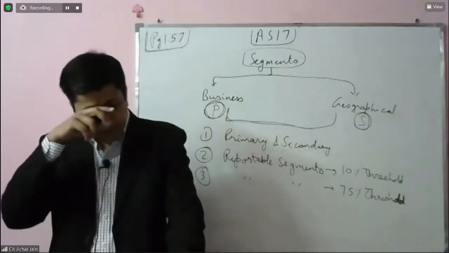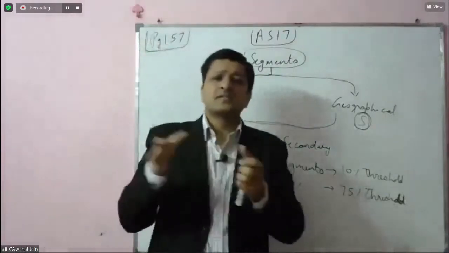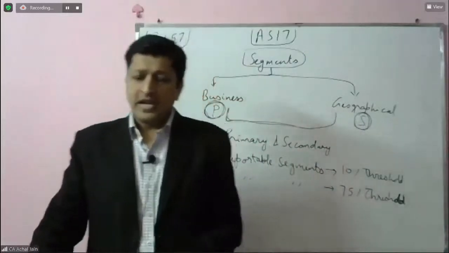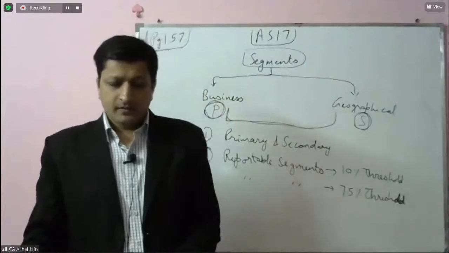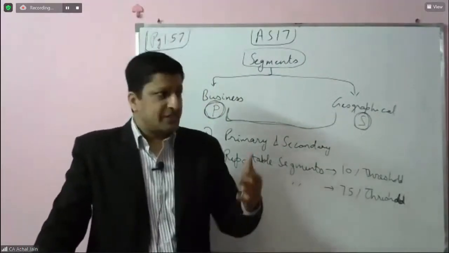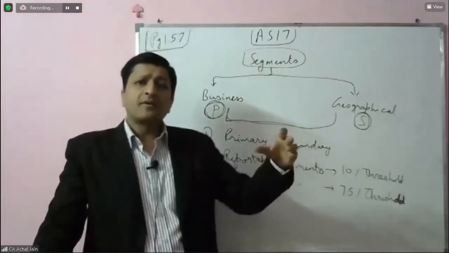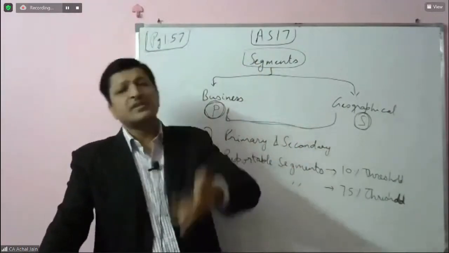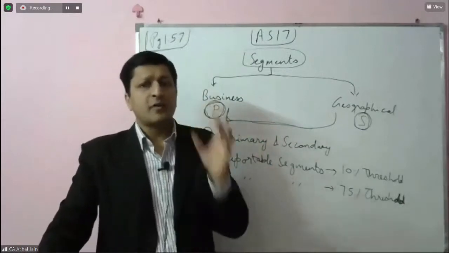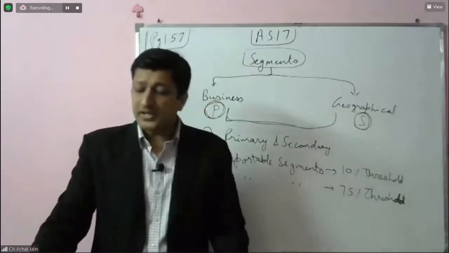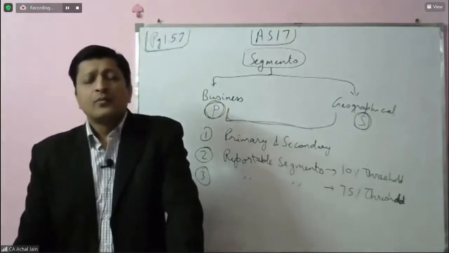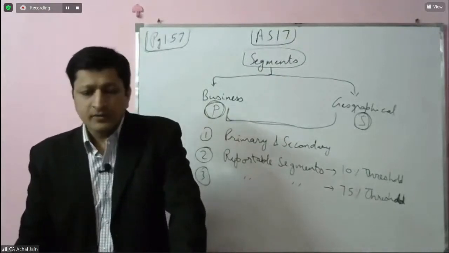So that means external sales, sales outside the entity made by that particular segment, and disclosure in respect of the internal sales, means the sales which that particular segment would have made to other segments within the entity. That's why internal as well as external sales both are required to be disclosed. And you may be thinking, sir, in the financial statements, in the P&L, we are reporting only the external revenue.